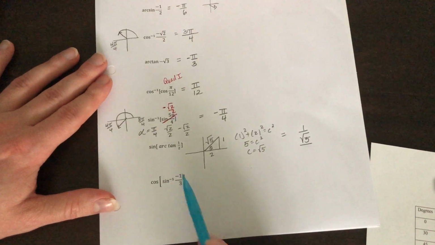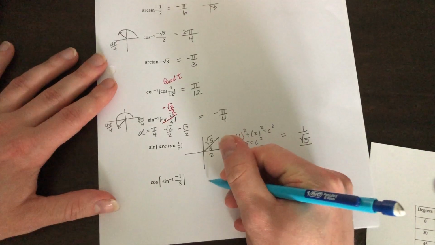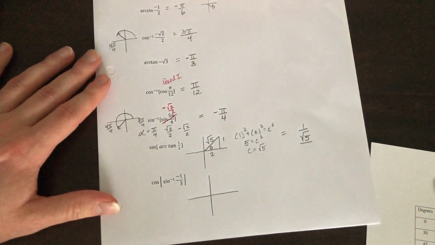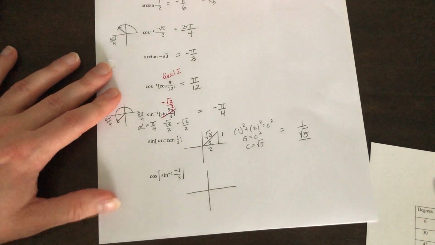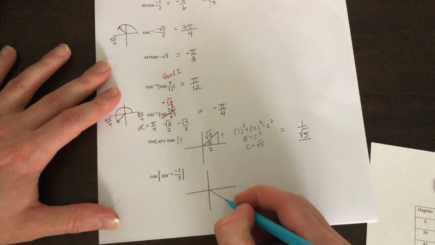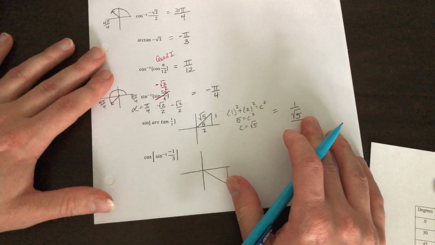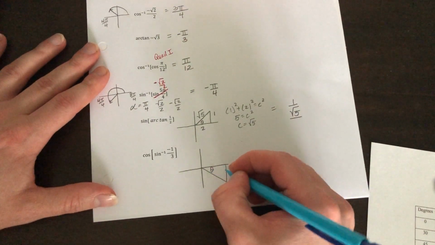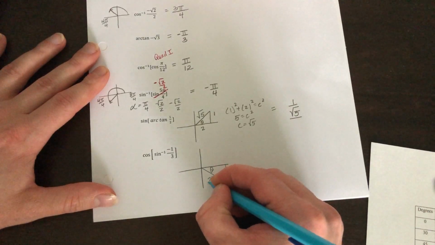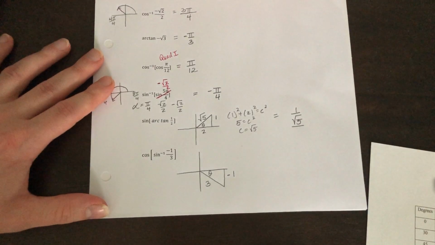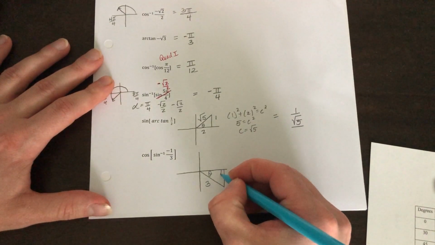Next one, we have inverse trig on the inside. It's negative, so we're going to draw it in quadrant 4 for sine. Sine is going to be opposite over hypotenuse. And remember, the hypotenuse is never negative when we do our little right triangle.